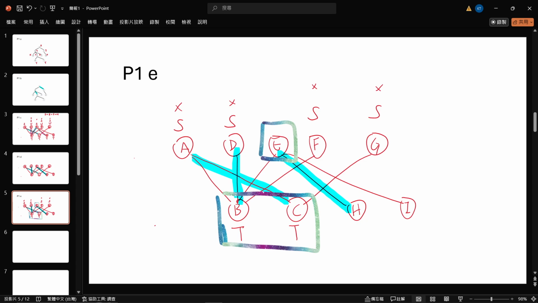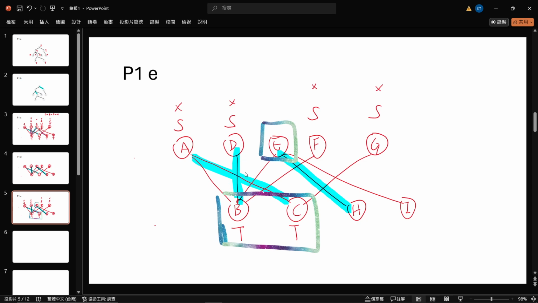Okay, so let's check whether it is a vertex cover. The vertices B and C already cover this many edges.